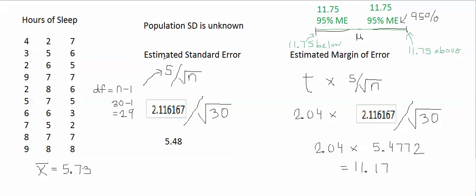We also covered how in a study in which the population standard deviation is unknown, which is almost always the case in an actual study, you have to calculate an estimated standard error and an estimated margin of error instead of the true standard error or the true margin of error. And the estimated standard error has the sample standard deviation instead of the population standard deviation.